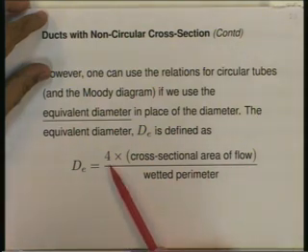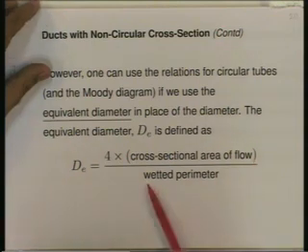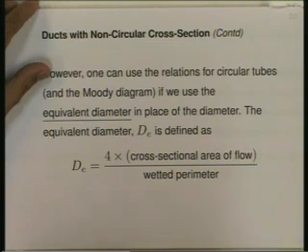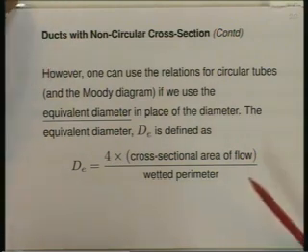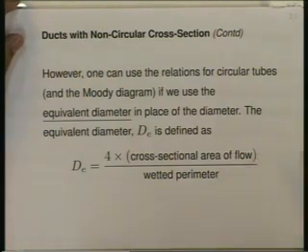It is 4 times the cross sectional area of flow divided by the wetted perimeter. Notice that if you substitute for the cross sectional area of flow and the wetted perimeter the relations for a circular tube, you will get the equivalent diameter equal to the actual diameter of that circular tube.